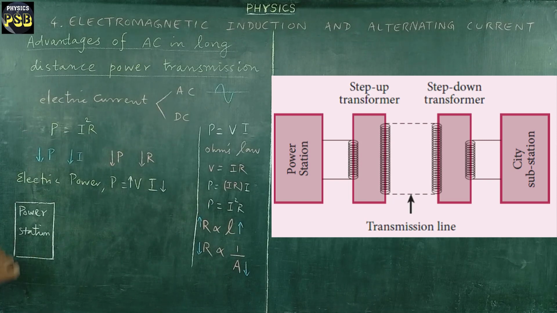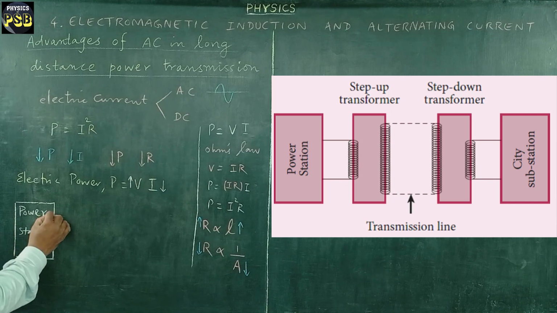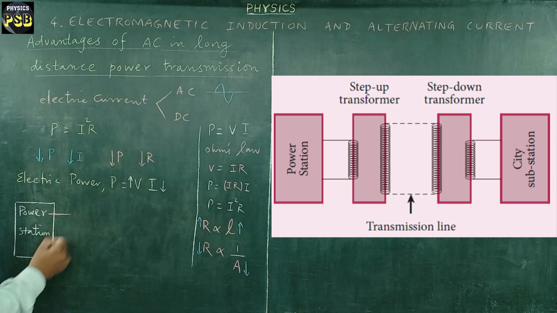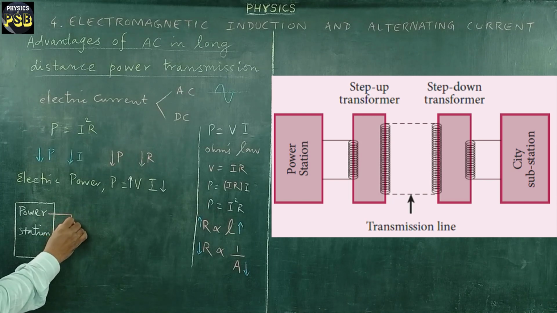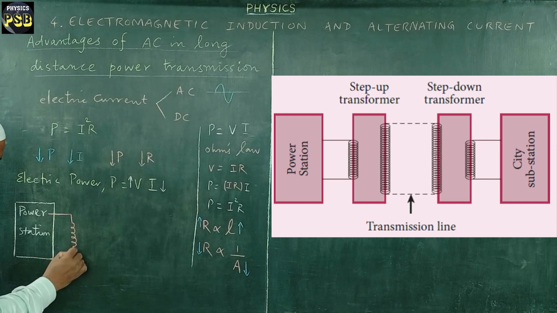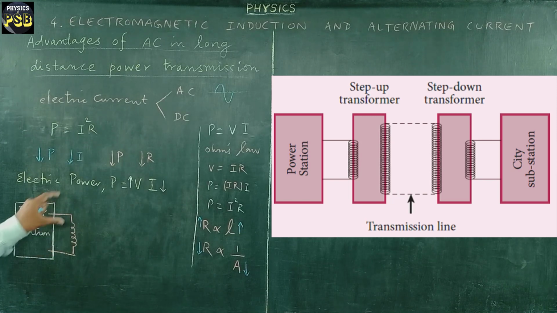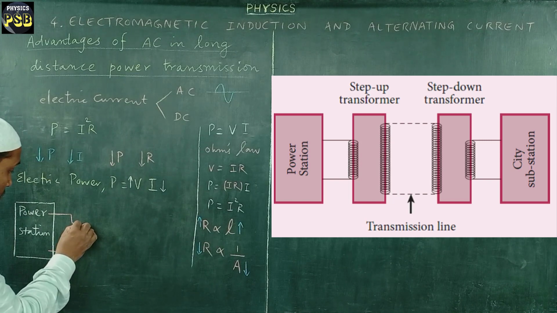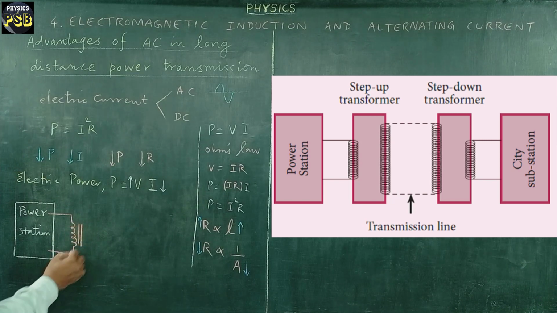Here, the electric power which is generated is made to transmit with higher voltage. So a step up transformer is used here to increase the voltage.